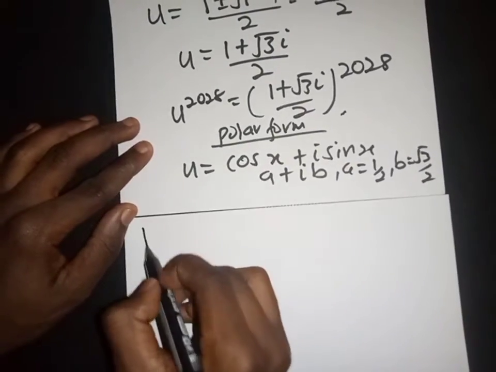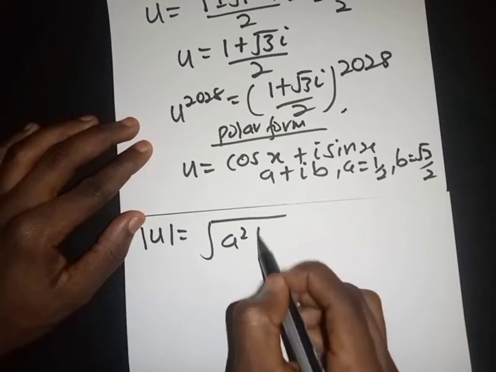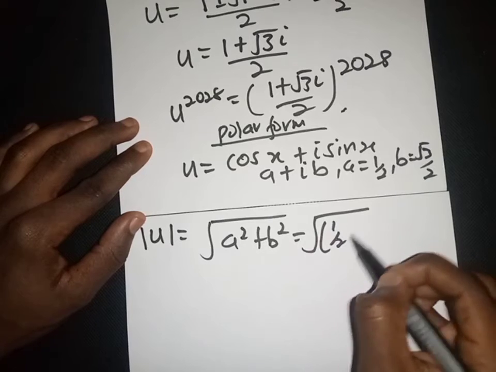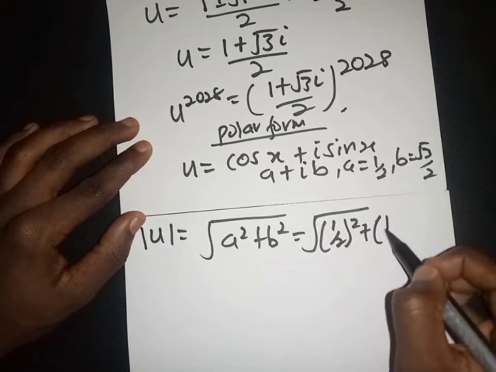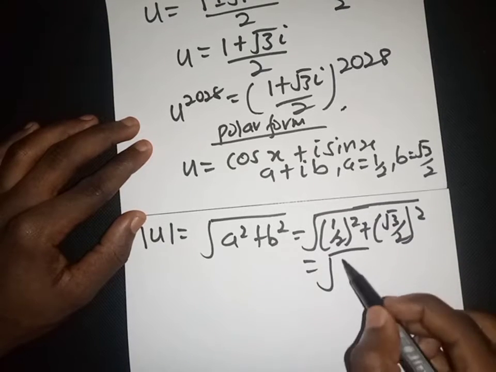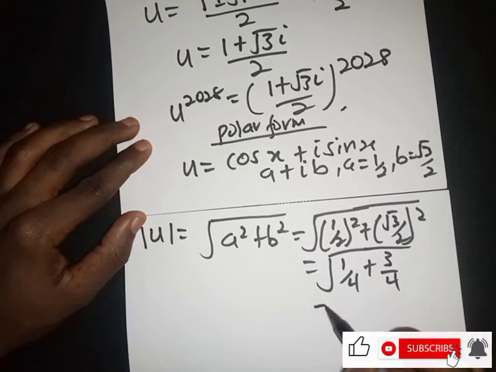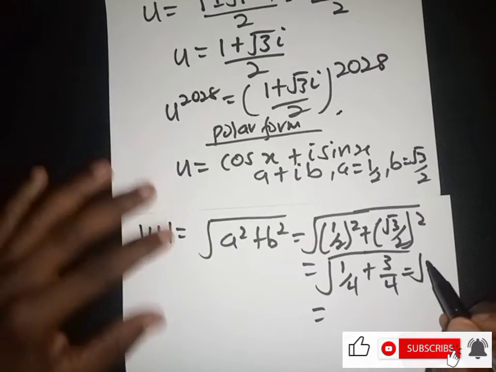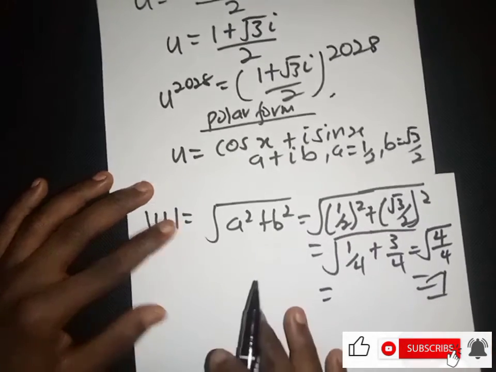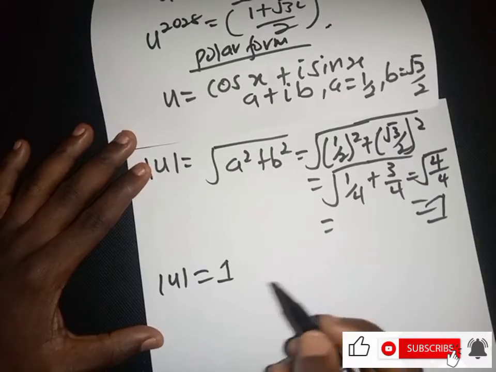So finding the modulus of u is just a squared plus b squared, under a square root, right? So in this case we have 1 over 2 all squared plus root 3 over 2 all squared, and therefore we just have 1 over 4 here plus 3 over 4 here, which is just 4 over 4, and then 4 over 4 is just equal to 1, right? So therefore we can have our modulus being equal to 1 in this case.